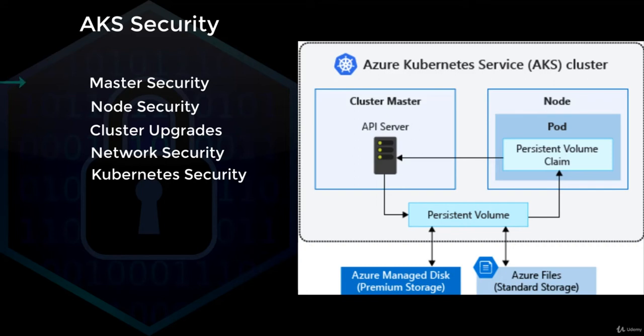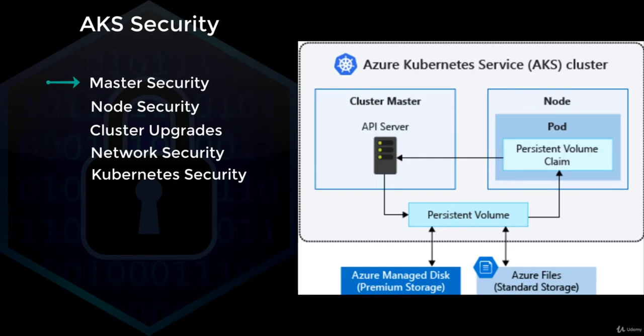So, how do we handle the master node security? We know that Kubernetes master components are part of a managed service, and this is all managed and maintained by Microsoft. Every AKS cluster has its own single-tenant, dedicated Kubernetes master, and it provides the API server, scheduler, internal DNS name resolution, etc. Hence, the security of it is also managed and maintained by Microsoft.